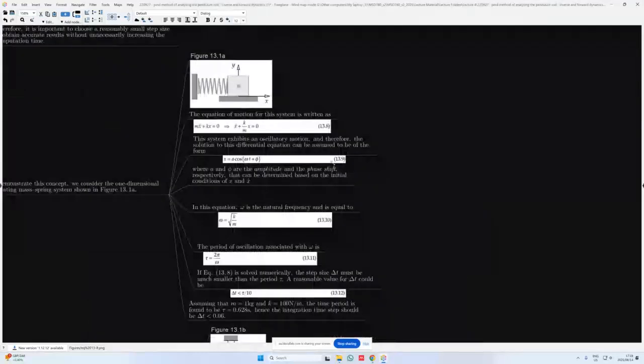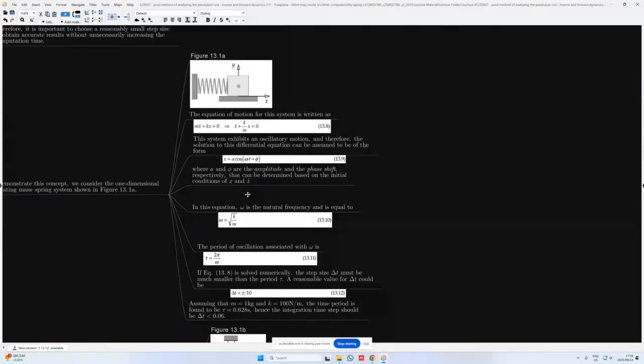And we also know that this system exhibits an oscillatory motion, and therefore the solution to this differential equation can be assumed to be of the form x equal to some amplitude multiplied by cosine of omega t plus phi, which is then the phase shift.